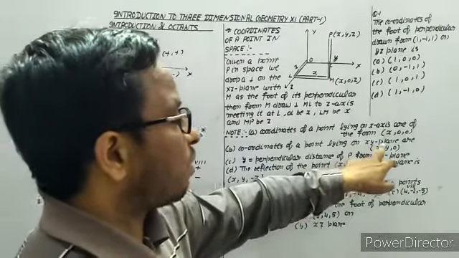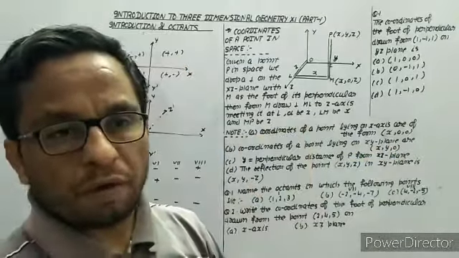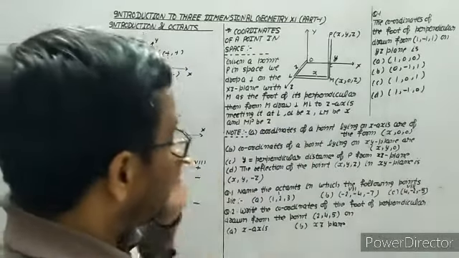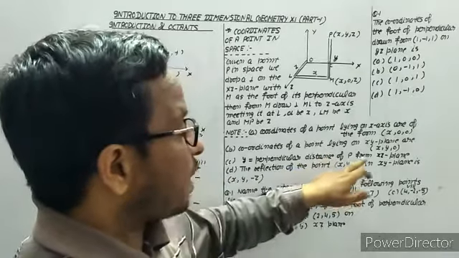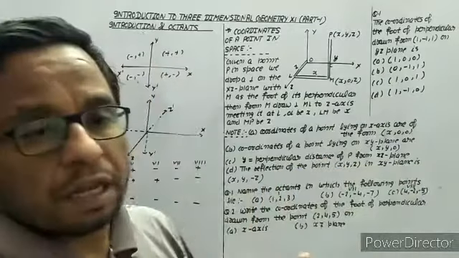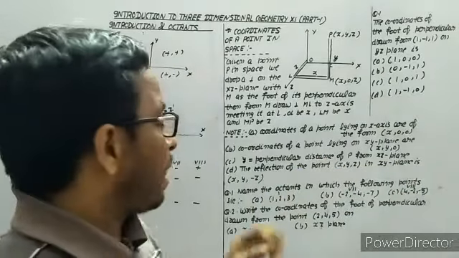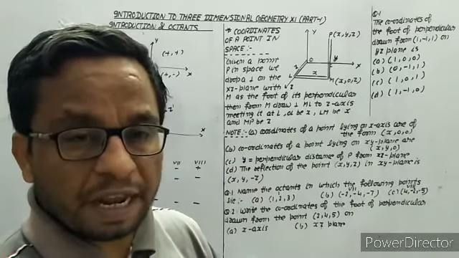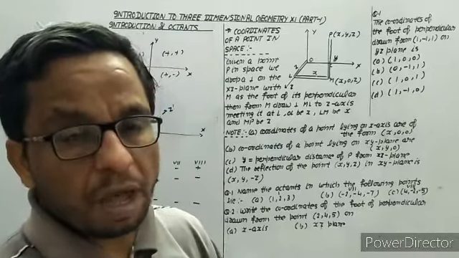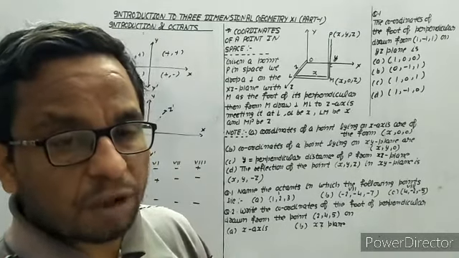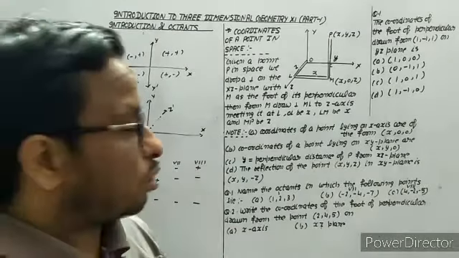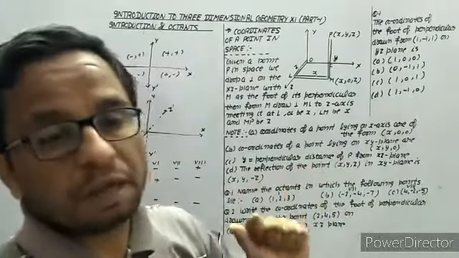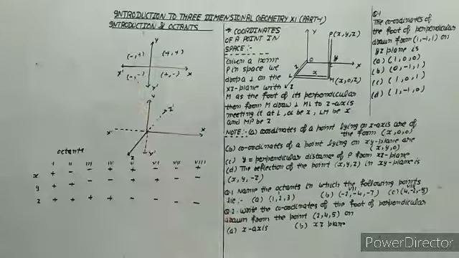It means the coordinates will be x, y, 0. In the yz plane, the coordinates will be 0, y, z. Next, the reflection of a point x, y, z in the xy plane is always given by x, y, minus z. It means if we take the reflection in the xy plane, z becomes negative. If we take the reflection in the yz plane, x becomes negative. So this is the way to find the coordinates of the reflection of a point.